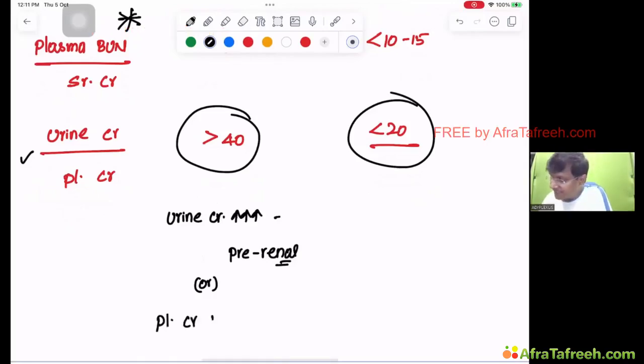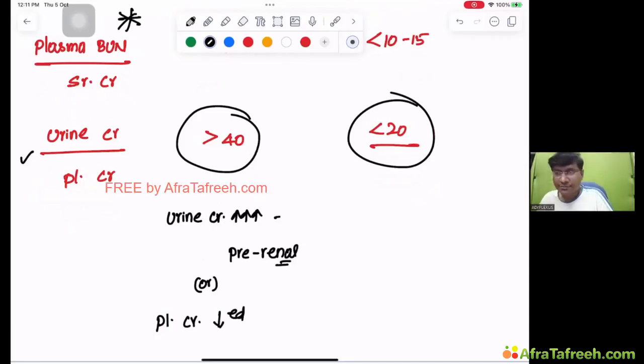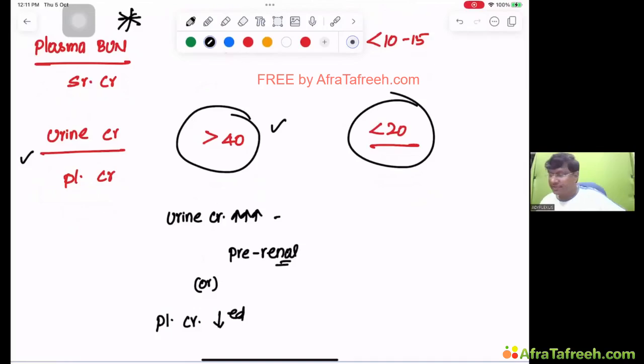Or plasma creatinine should be decreased. Okay, so this is your interpretation. Either the urine creatinine should be more, or the plasma creatinine should be less. Then only the value will be more in pre-renal, and the value will be exactly opposite in case of intrinsic renal.